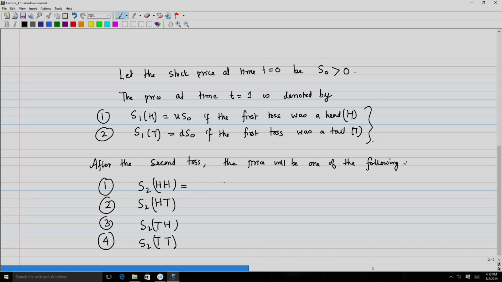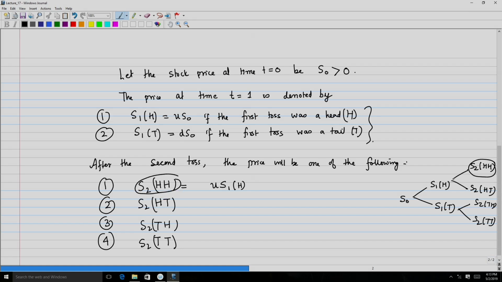Now, S2 of HH is the result of an upward movement by a factor of u from S1 of H. You start off with S naught, and this is S1 of H and this is S1 of T. So I have written S2 of HH as u times S1 of H, and you know that S1 of H is u S0.